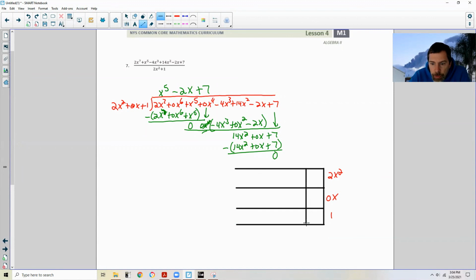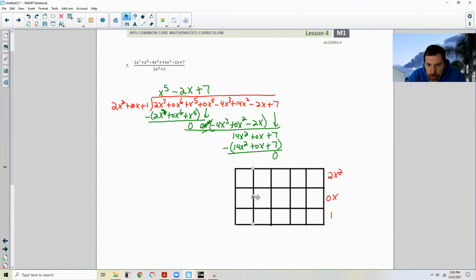So 1, 2, 3, 4, and 5. All right, they're not really evenly separated, so let's just fix that a little. Okay, doesn't have to be perfect, but there we go, that's a little better.